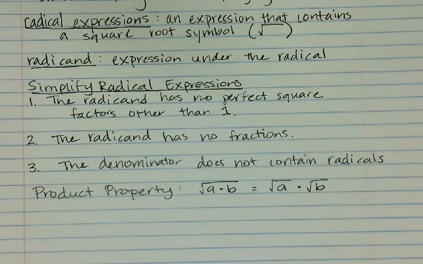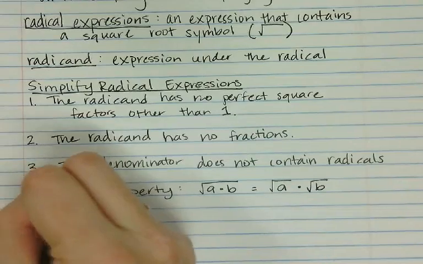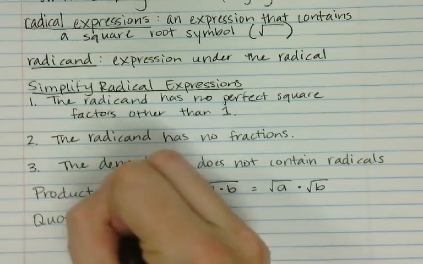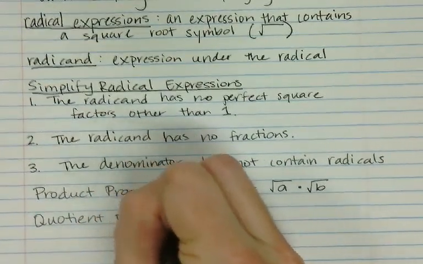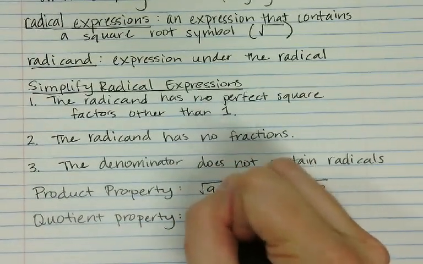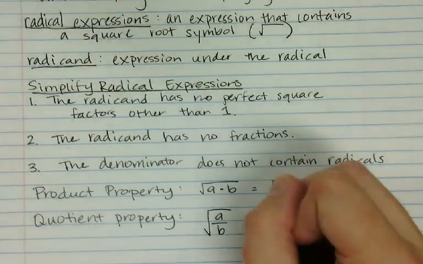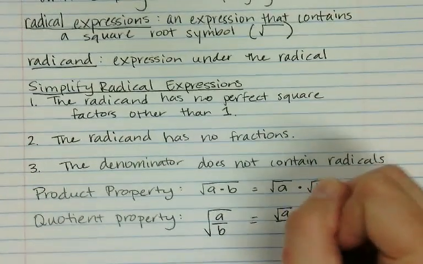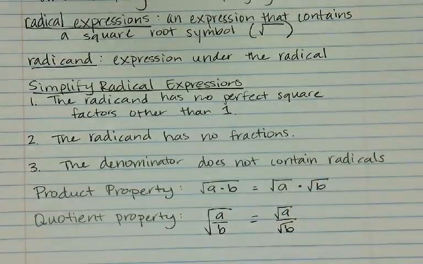And the quotient property is very similar to our product property here. And guys, if you have a fraction under your radical, you can write it as 2 separate radicals. So you can say radical A over B is equal to radical A over radical B. So that will help us when we simplify.